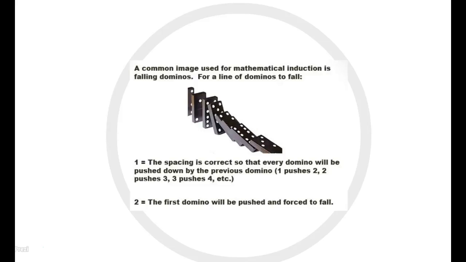How do you create the chain reaction? Simple. You have to make sure that the first domino gets pushed down. So if you push the first domino and in your setup you made sure that the spacing was correct so that every single domino would push the next one in line, then you're going to have that cascade all the way down and it's going to hit all of the dominoes.